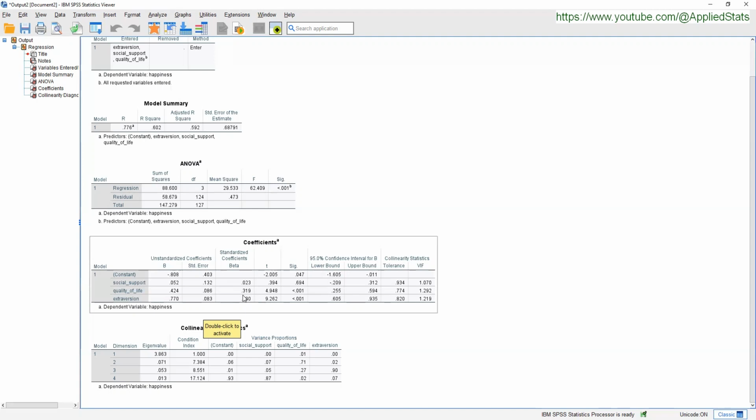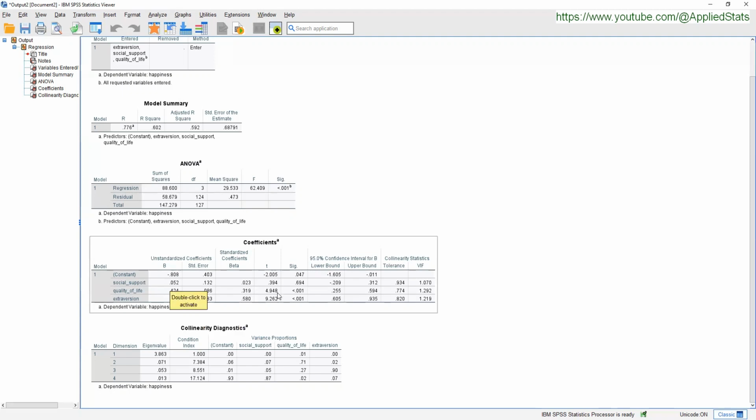Then you see quality of life comes in the second place. So quality of life is also a relatively good predictor, but is in the second place. What about social support? Here you see that this value is substantially smaller than other predictors. So you know that social support is your weakest predictor.